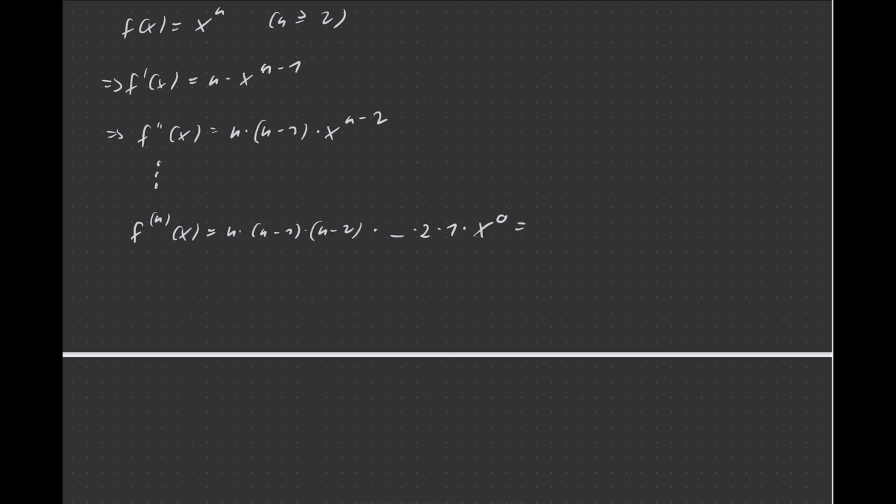So all in all, this nth order derivative is just n factorial. And that also means the derivative of order n plus 1 is 0, the constant 0. And of course, all further derivatives will also be 0. So the kth derivative of f of x is 0 for k greater or equal to n plus 1.